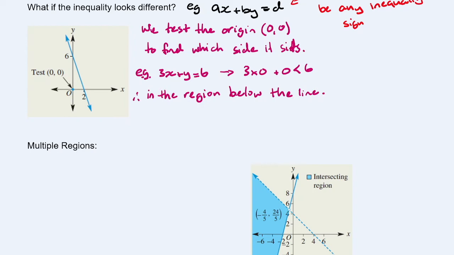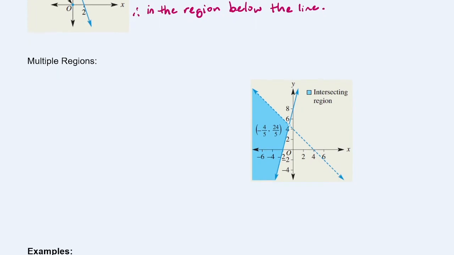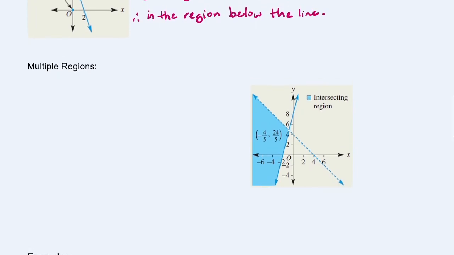Next, we have multiple regions. This is when we get two or more inequalities put together.